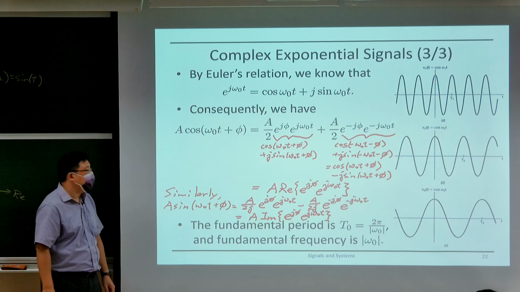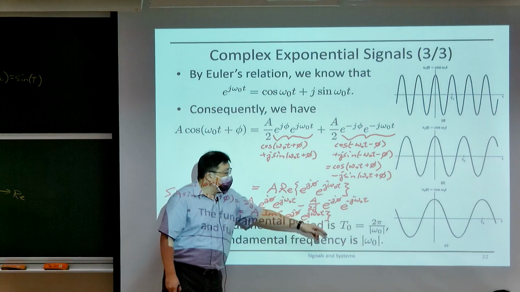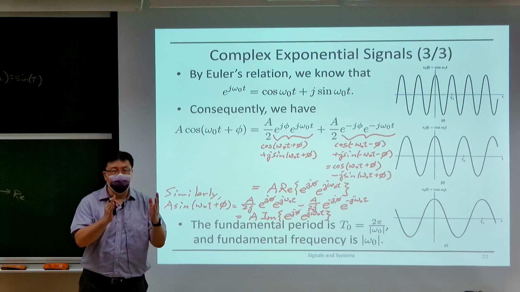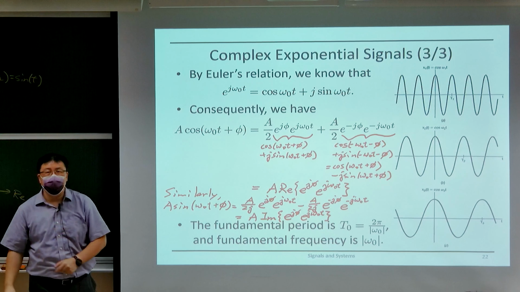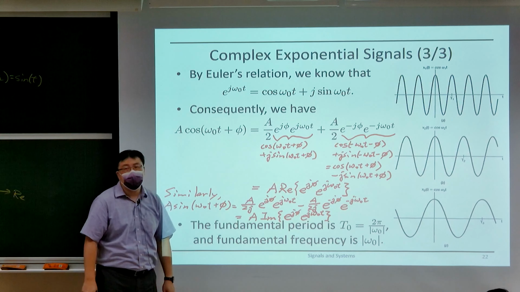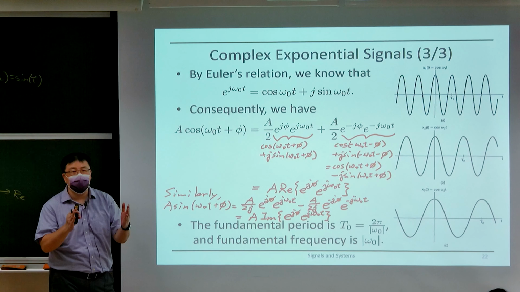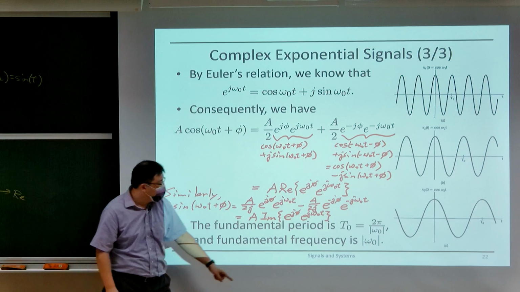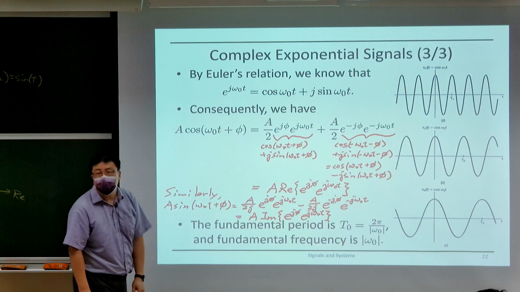So the fundamental period is the smallest period for which you can observe this periodic behavior. And the fundamental frequency omega naught is the smallest frequency that you can have in order to have a period of T naught.